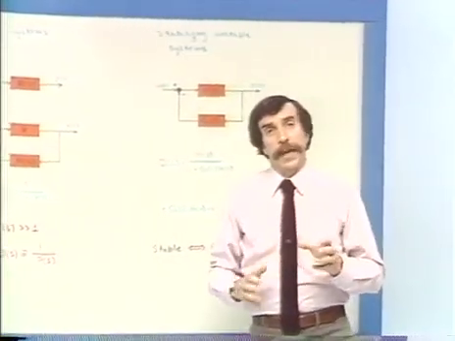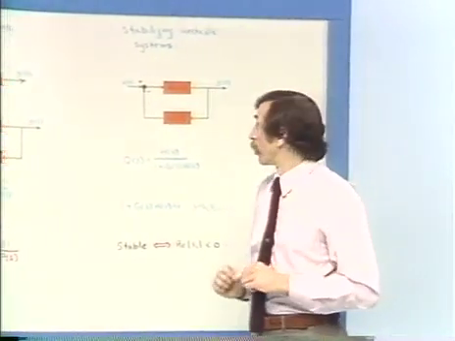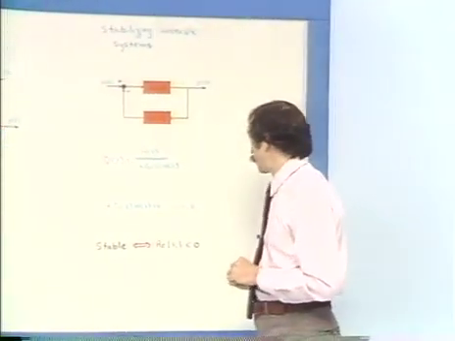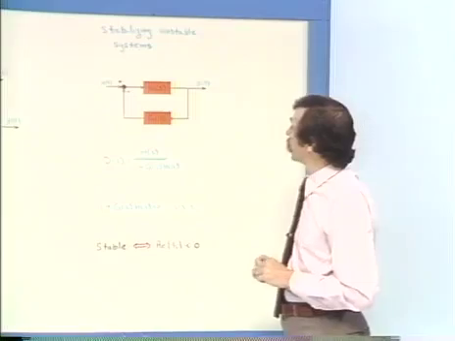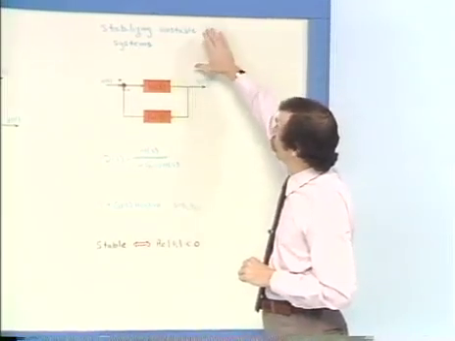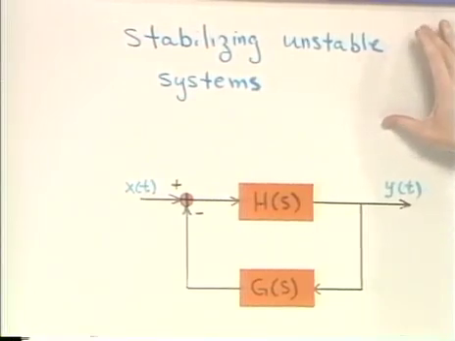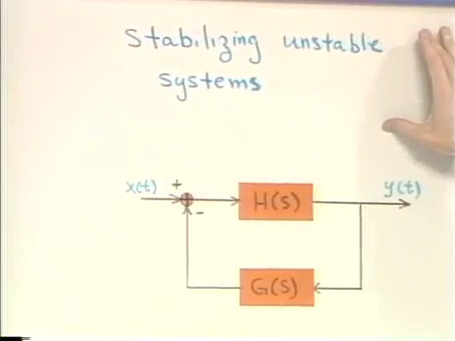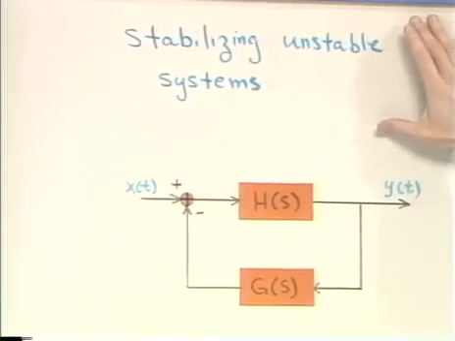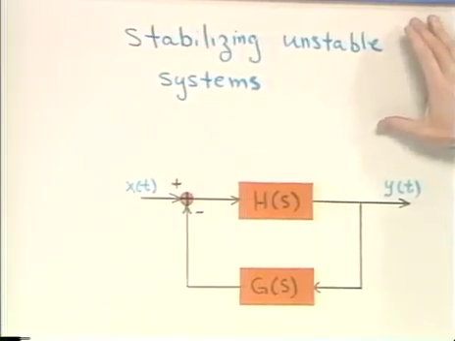All right, well, as a final example, what I'd like to analyze is the context in which we would consider stabilizing unstable systems. And I had indicated that one context in which that arises, and which we will be analyzing in the next lecture, is the inverted pendulum.